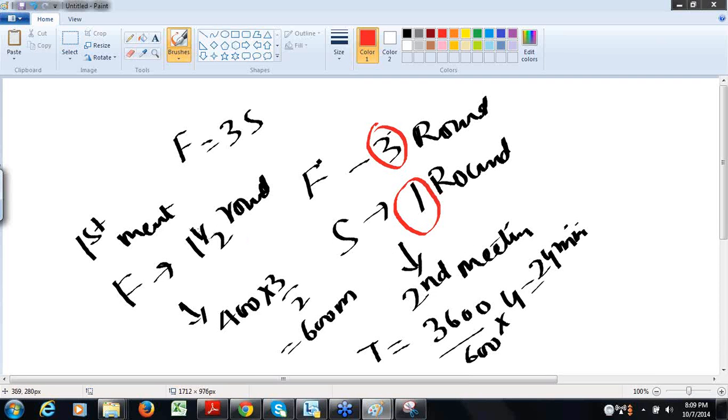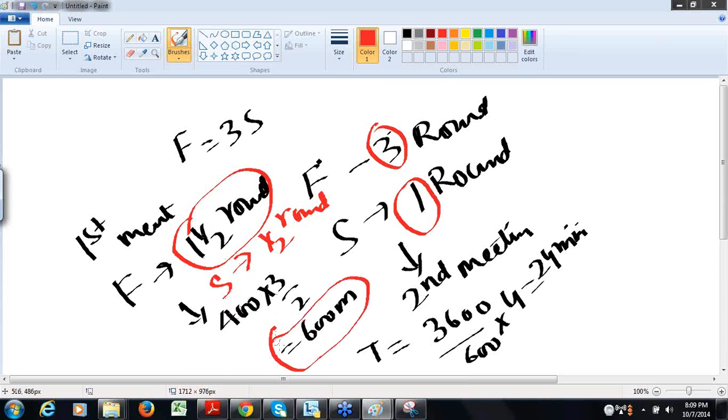Because the first meeting would have been when the faster runner completed 1.5 rounds. That means the slower runner was at half a round at that time. So if the faster runner has completed 3 by 2 rounds, he has completed 600 meters.